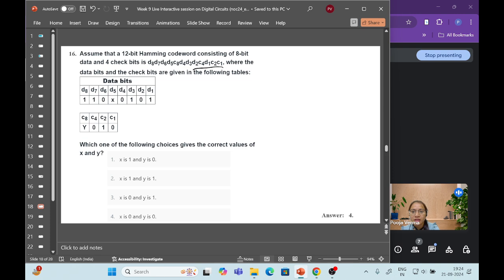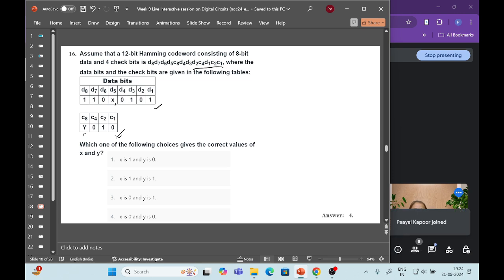The data bits and check bits are given in the following table. Which one of the following choices gives the correct value of X and Y? We need to find the corresponding data bit and parity bit.